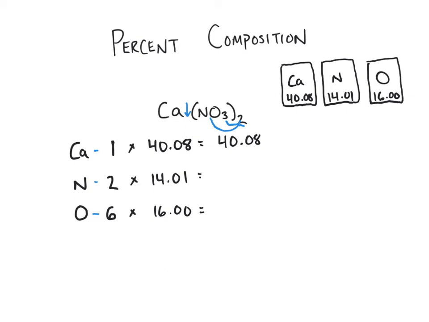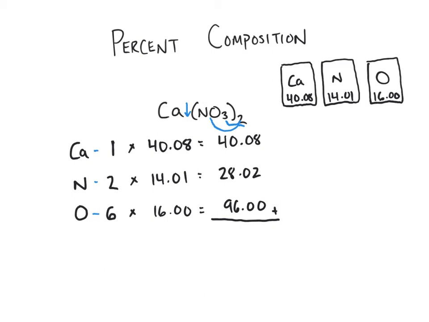All right, that is going to be 28.02. But make sure you write these down and try to keep it organized like I have. All right, that way it'll be a little bit easier to do the next steps. And the last one, 6 times 16, is 96.00.